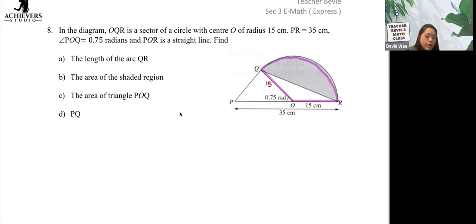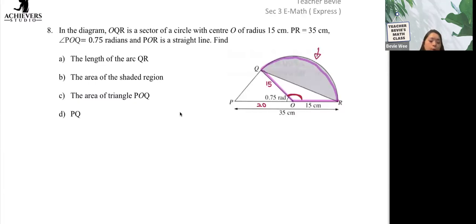PR is equal to 35, meaning I know that this is 20. And I got this as 0.75 radian. You will help me find the angle inside your pizza. I want to find the length of the arc QR.